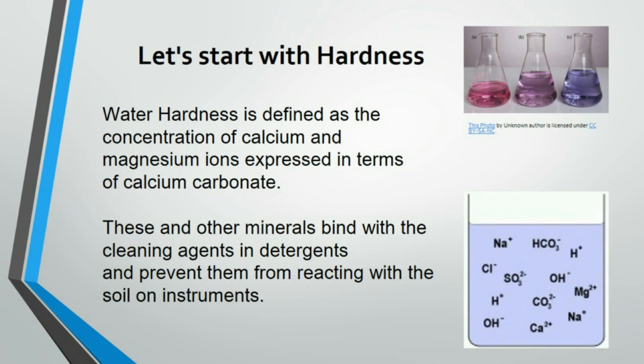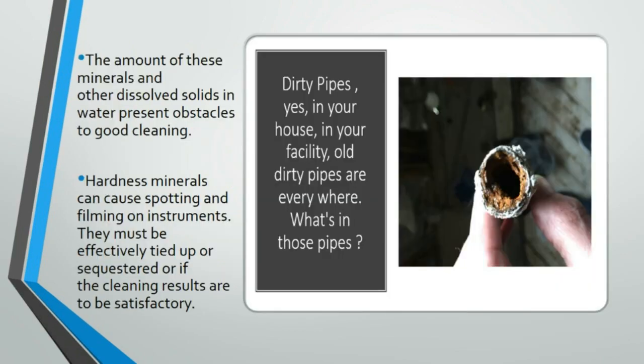And if things in our water are binding them up and using them up, then we're not getting the effect and the help that we expect from our detergents. The amount of these minerals and other dissolved solids in water presents obstacles to good cleaning. They absolutely do. Hardness minerals can cause spotting and filming on instruments. They must be effectively tied up or sequestered if the cleaning results are going to be satisfactory.